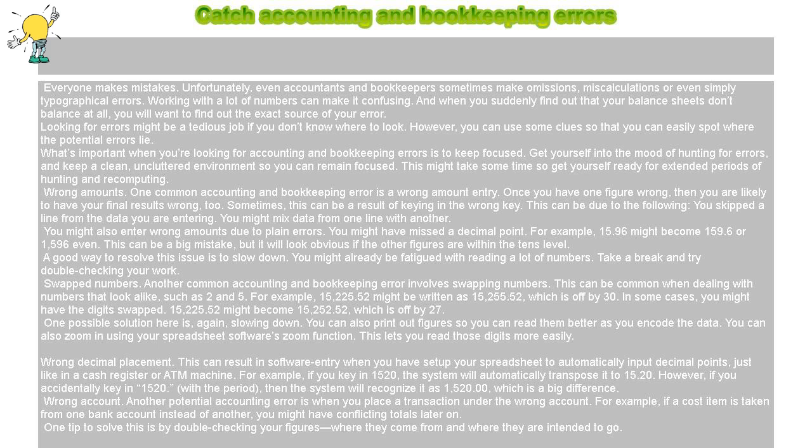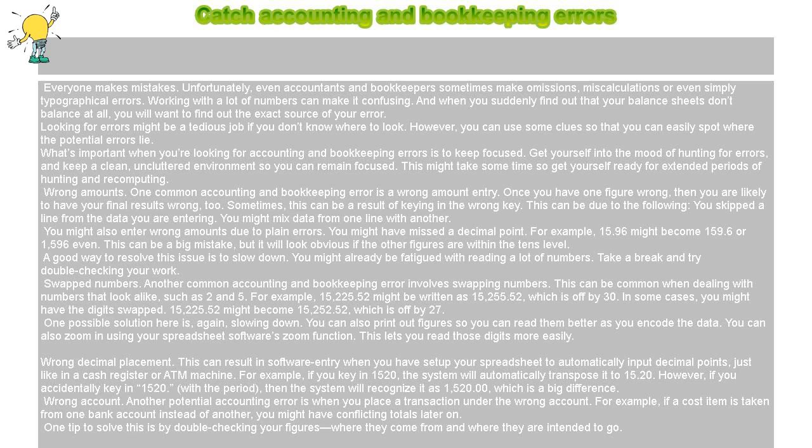In some cases, you might have the digits swapped. 15,225.52 might become 15,252.52, which is off by 27.